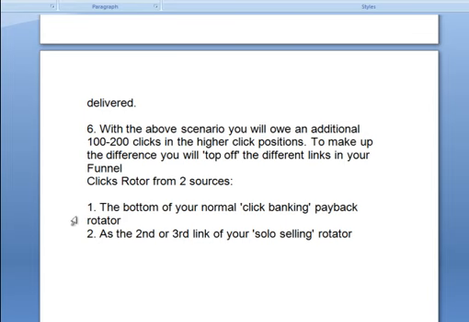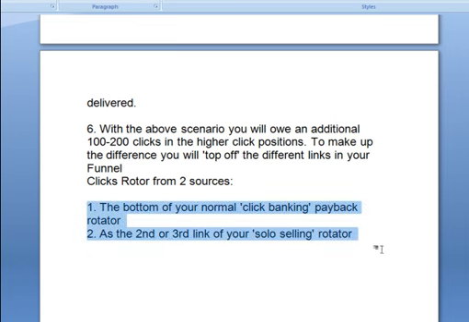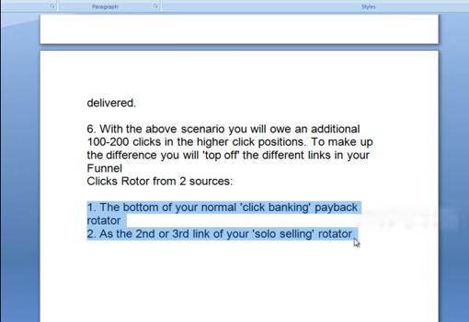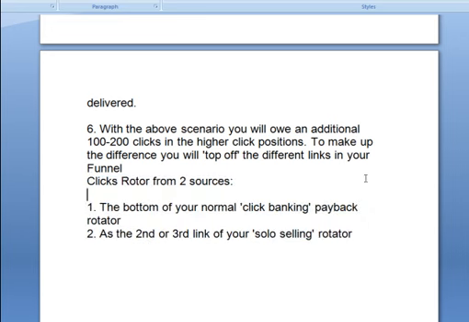And between these 2, even if you were short like 200 clicks to the first person you owed funnel clicks to, this would easily top it off. So when you combine everything I talked about with these 2 backup top-off things, there is no reason you can't easily buy solo ads for free for the rest of your life.